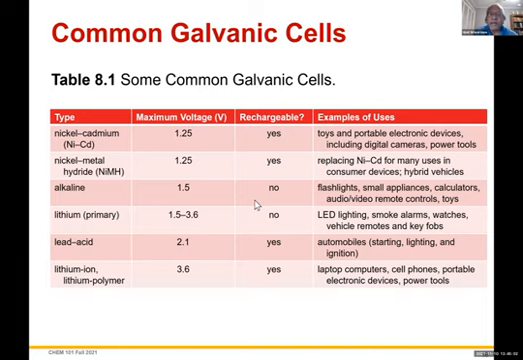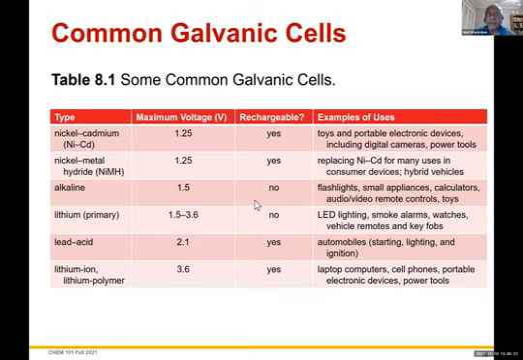Alkaline batteries are famous. They have 1.5 volts. They have manganese dioxide and zinc. We're going to look into that. Lithium batteries are small cells which are not rechargeable.